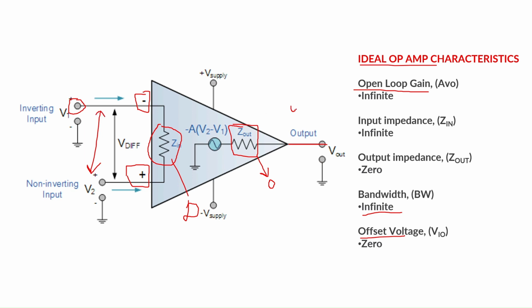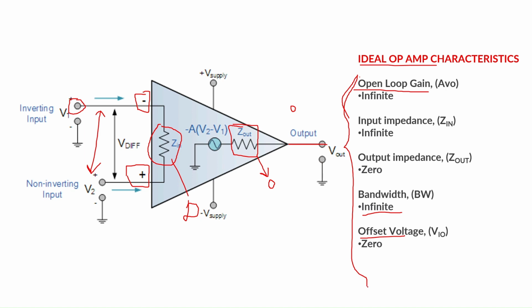This is called offset voltage. It is 0 for an ideal op amp, but for a non-ideal op amp, the offset voltage will not be 0. These are the important ideal characteristics for an operational amplifier.